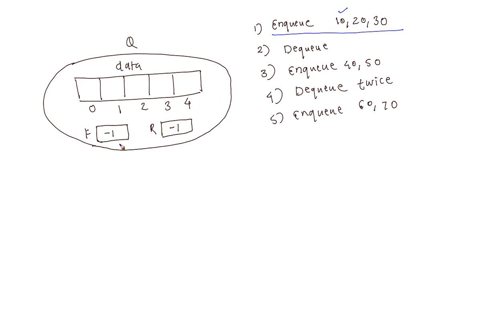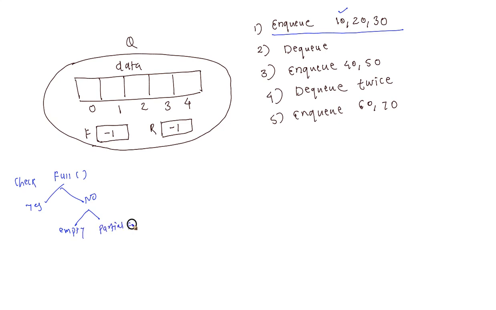There are two situations. First, check for full, yes or no. The queue is not full. So two situations: empty and partially full.